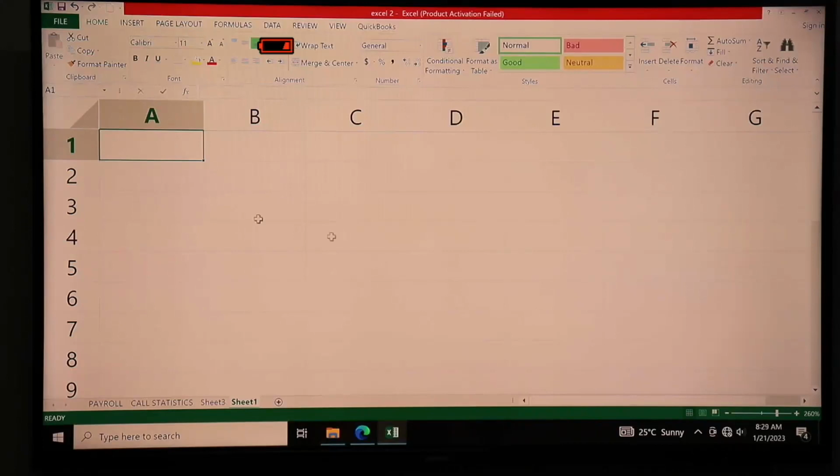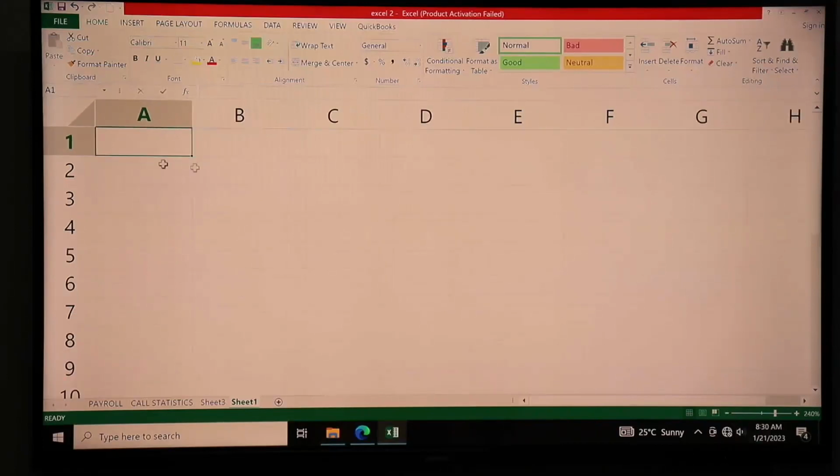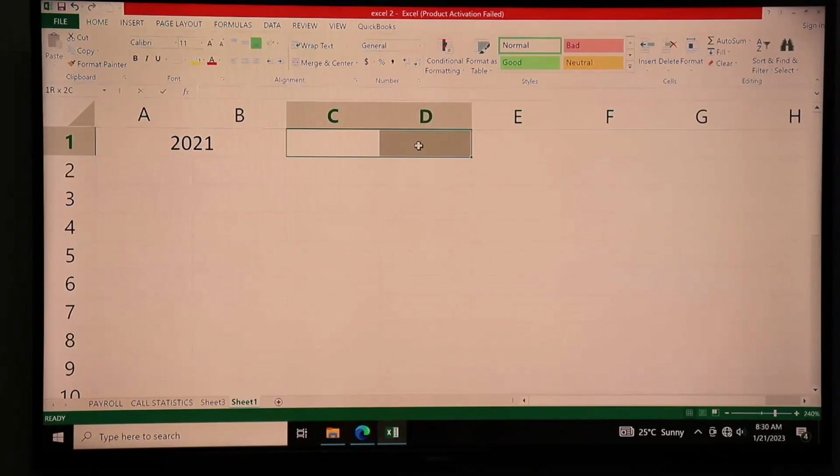Probably maybe you have data for sales for several years. Maybe these two represent 1 year. So you can select these two cells, then you merge them. And here you type 2021. Then you select the next two cells, you merge them.